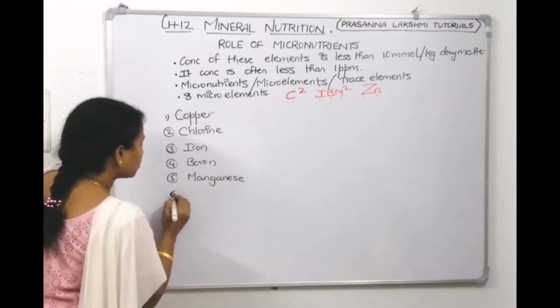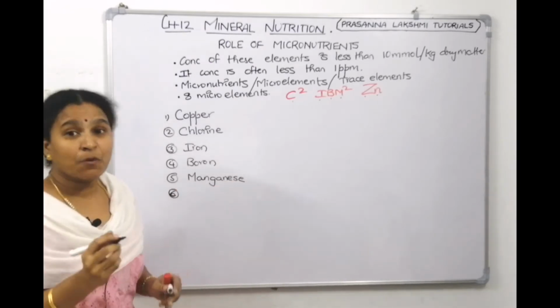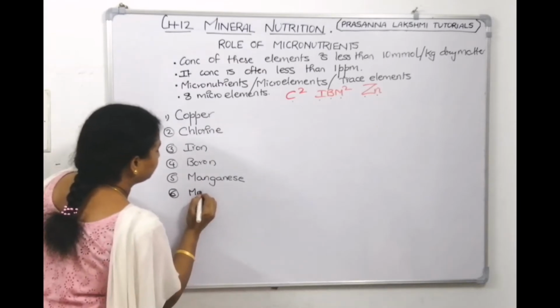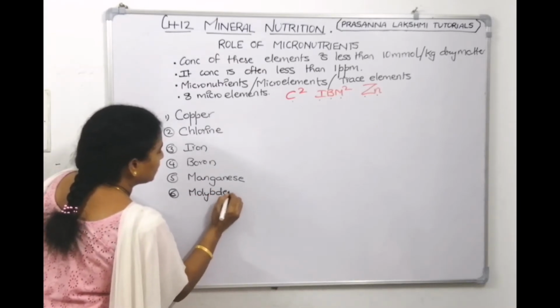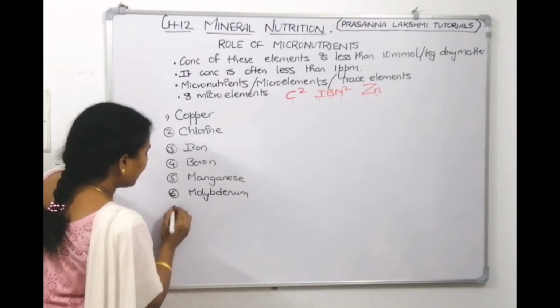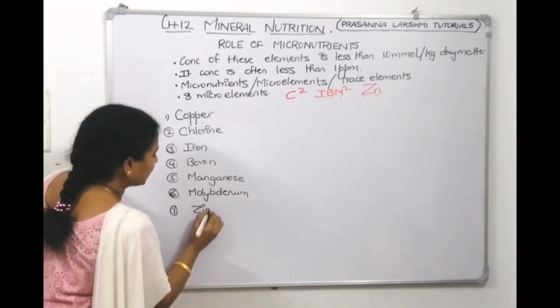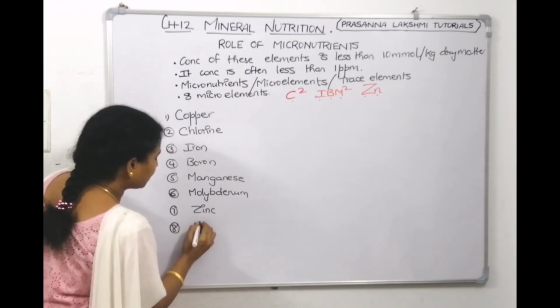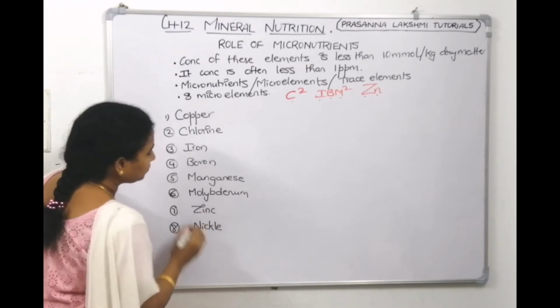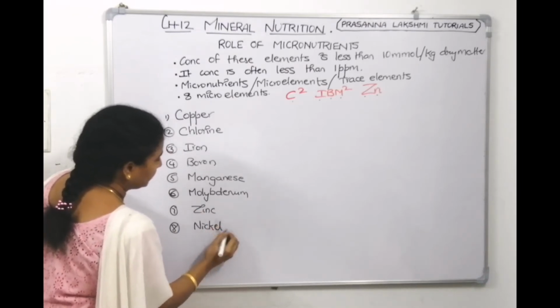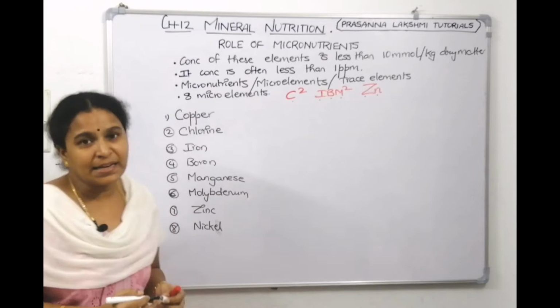And in IBM square, the next M stands for molybdenum, the 7th element Z stands for zinc, and the 8th element stands for nickel, right? These are the 8 elements.